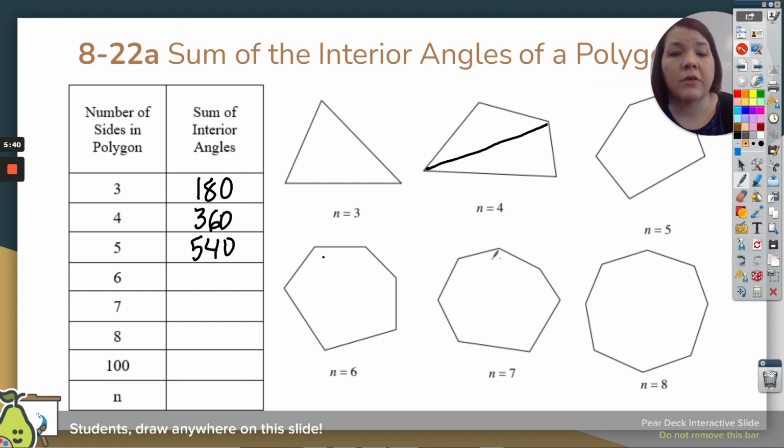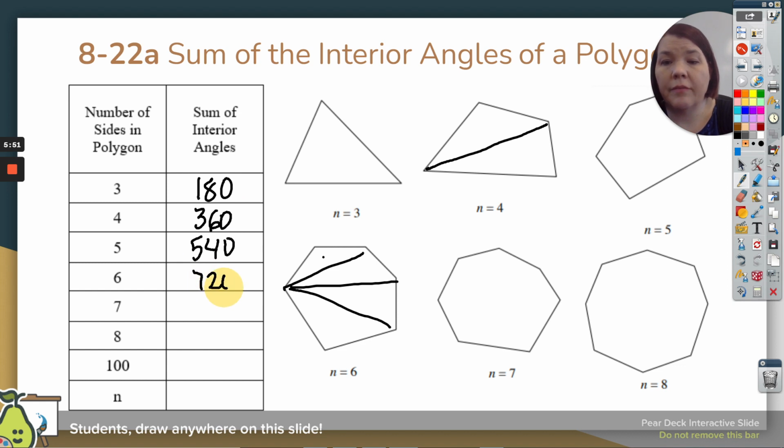For 6 sides, there'll be 1, 2, 3, 4 total triangles. So that will be 540 plus 180 again, which is 720. Make sure that's right. Yep. And then for 7, we're going to have 1, 2, 3, 4, 5 total triangles.